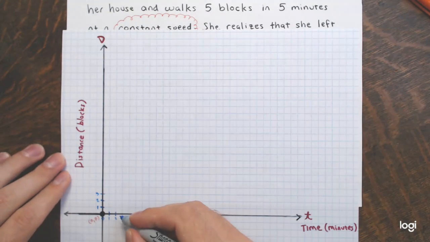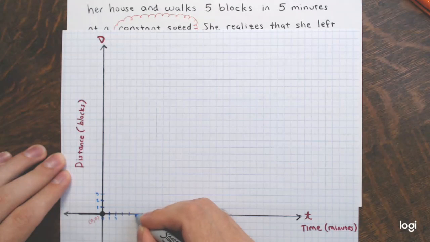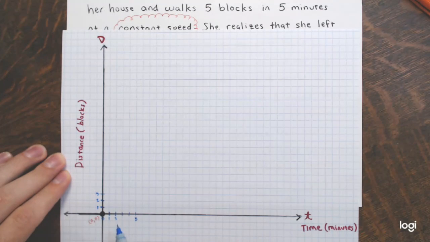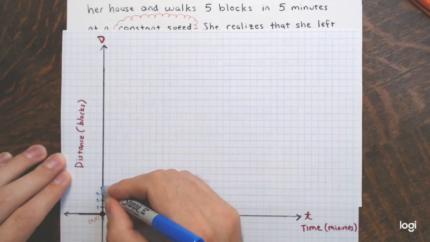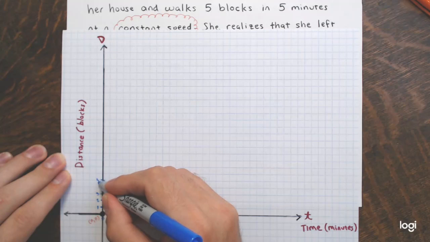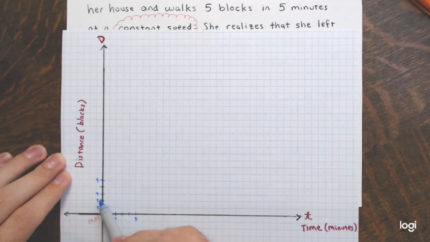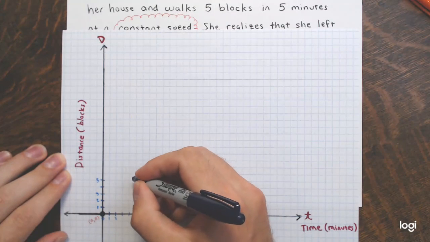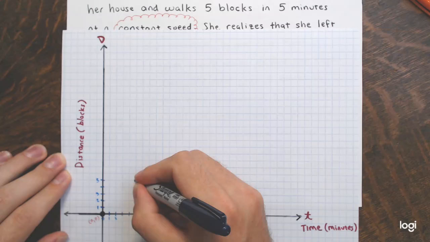Alright, so 5 minutes later, 1, 2, 3, 4, 5, she has walked 5 blocks. So she's 5 blocks away from her house. This is 1, 2, 3, 4, 5 up. So 5 minutes later, she's 5 blocks away from her house. So that's this location here on my graph.